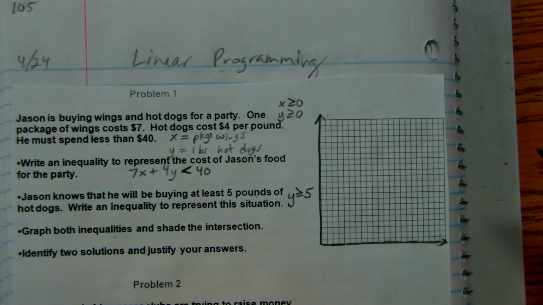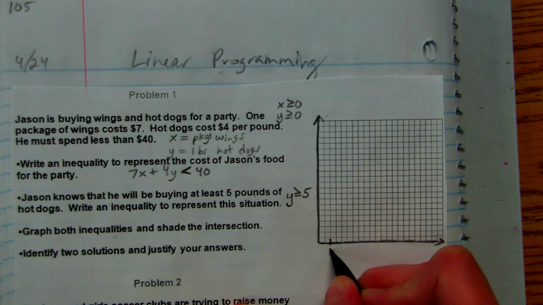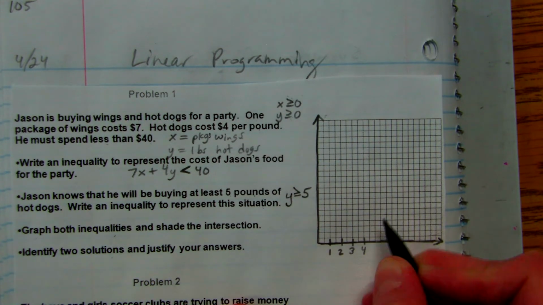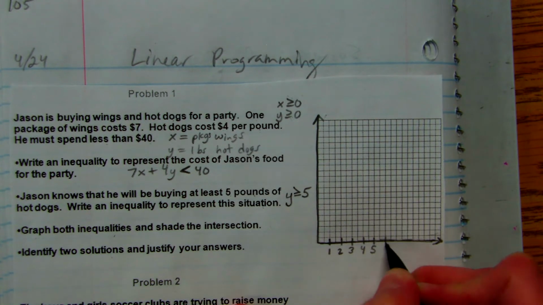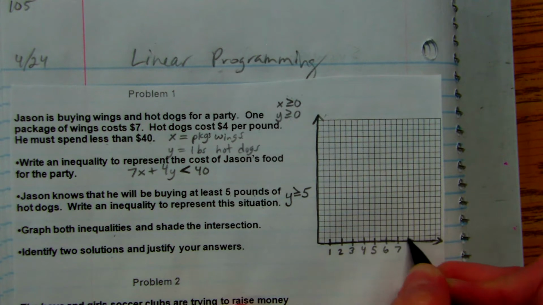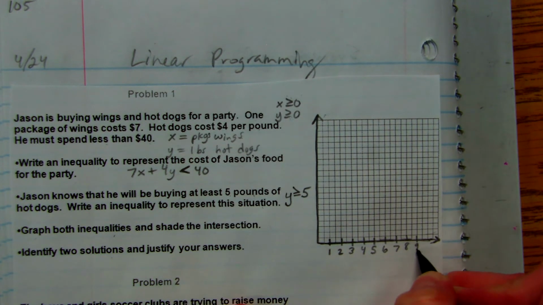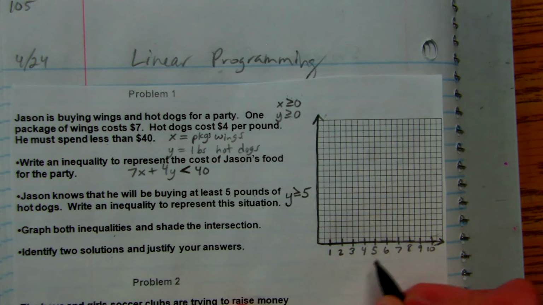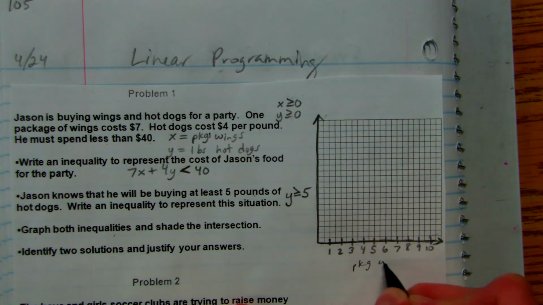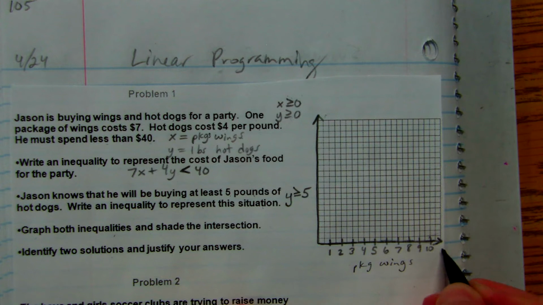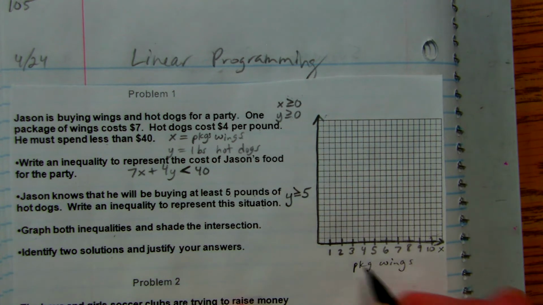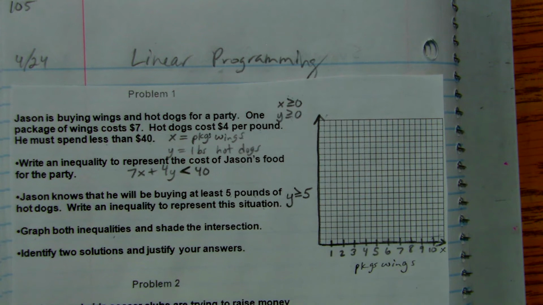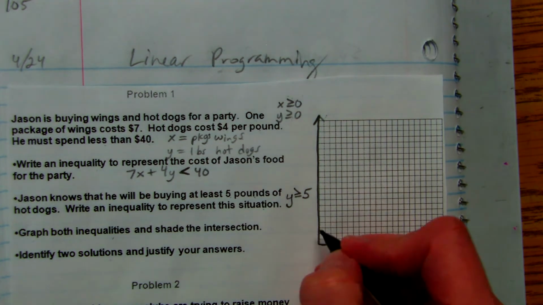Okay, so for wings, I'm going to space this out just a little bit. I'm going to go 2 spaces for 1, 2 spaces for 2, 2 spaces for 3. Be careful and make sure you are consistent, numbering all the way across. And you want to use as much of your graph as you can. So I went up to 10, and this would be packages of wings because we said x was packages of wings. So I'm just going to put that down here on my label. And then I'm going to do something very similar for y, which is my hot dogs.